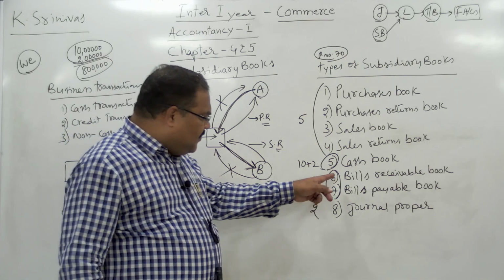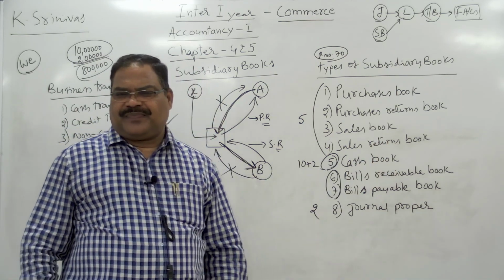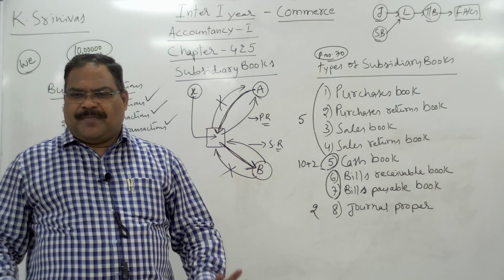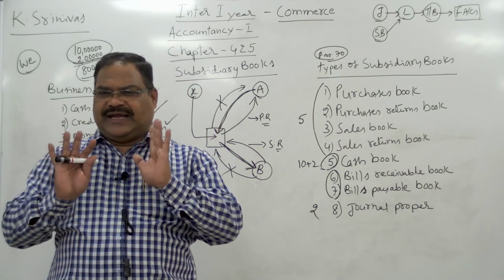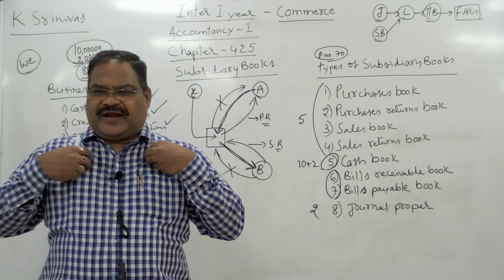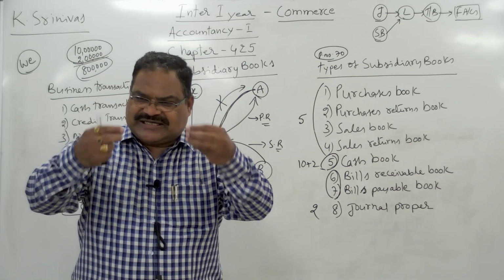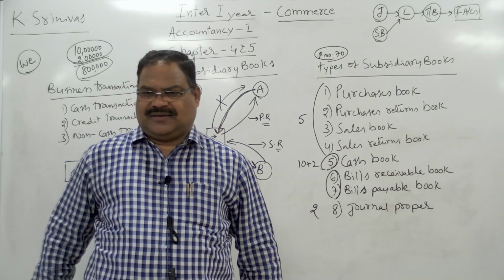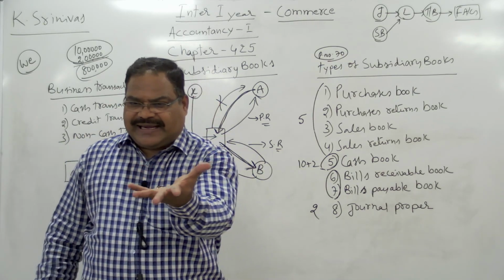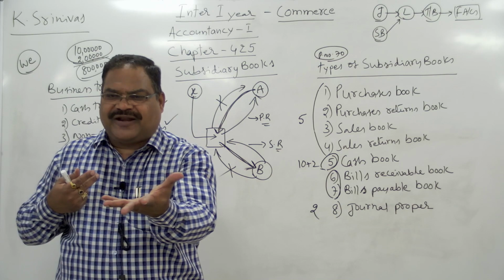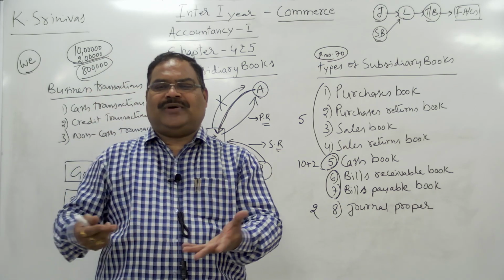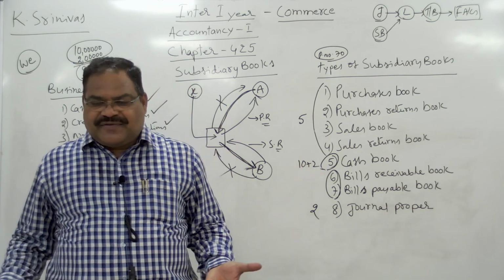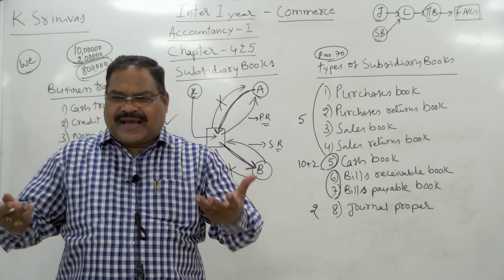Next book is bills receivable book. It is very simple. Bills receivable, I am trying to make it very clear. When we sell goods to our customers on credit, in return we will take a document from them as evidence. Tomorrow they should not tell us that we didn't sell, or that they didn't receive, or that there is no need to pay cash.